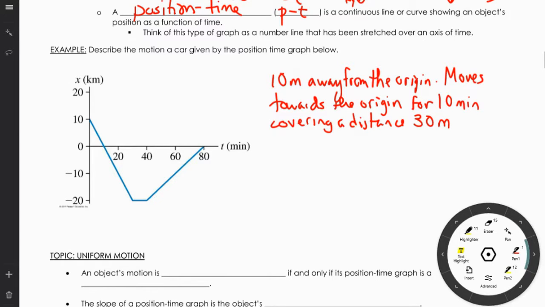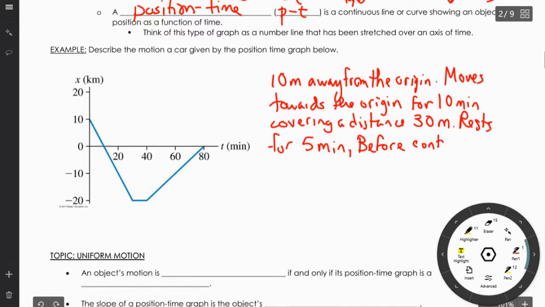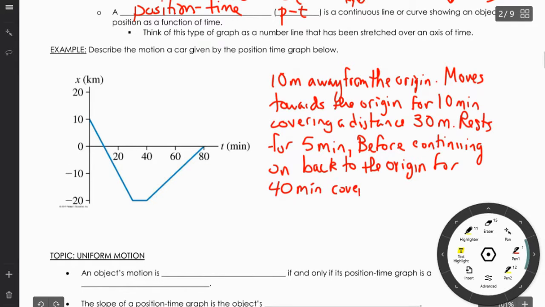Okay, and then it rests. It's going to rest for 5 minutes before continuing on back to the origin for 40 minutes, covering it in 20 meters.